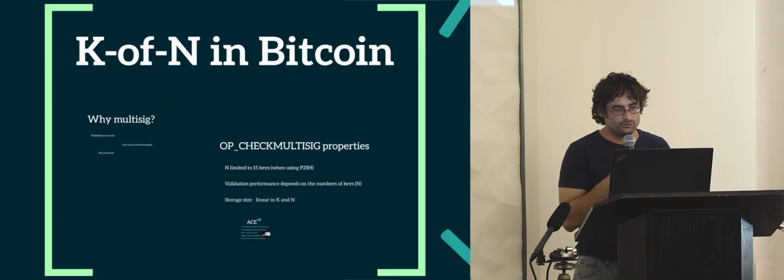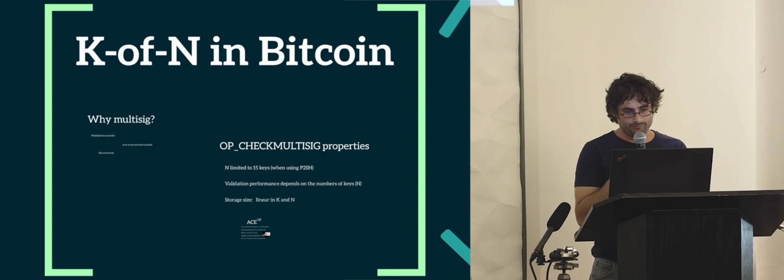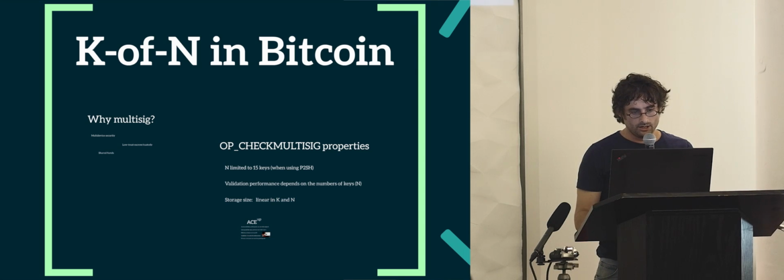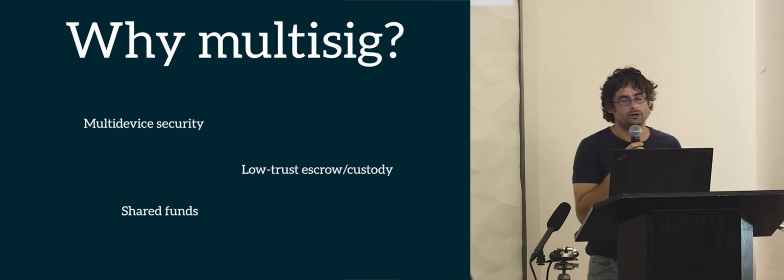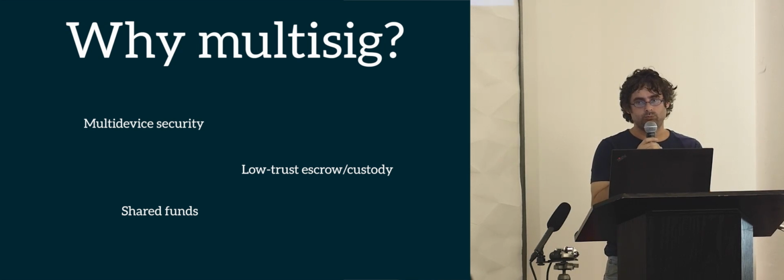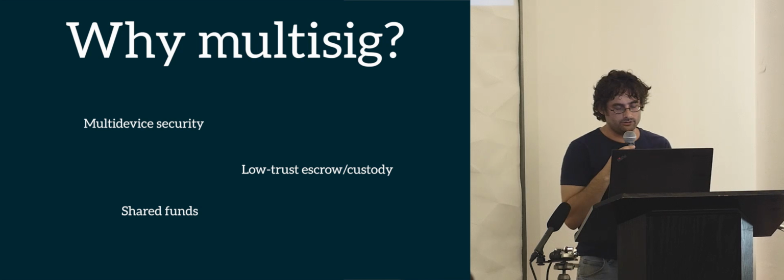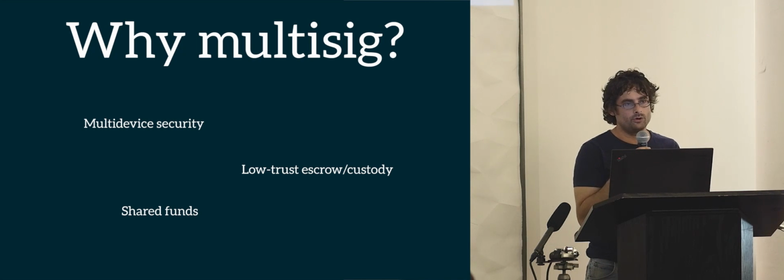Okay, so K of N in Bitcoin. So multisig. This is basically the mechanism where, for those who wouldn't know it, you have transactions that need to be signed by several keys in order to unlock some funds.